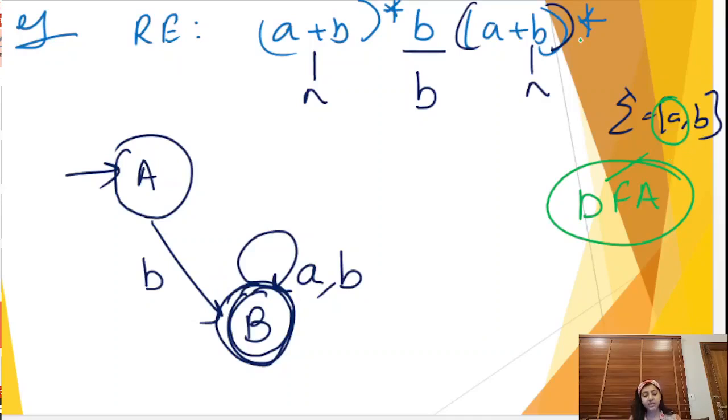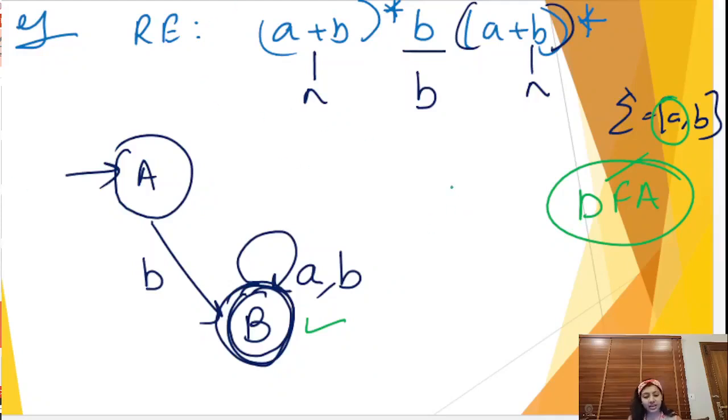I have state A and state B. Then state A should show a transition for symbol A also and symbol B also. Right now it is only showing a transition for B. If you are on state B, it is showing a transition for both A and B, so for state B it's complete. But for state A, we still have to decide what move to take if I receive a small a.